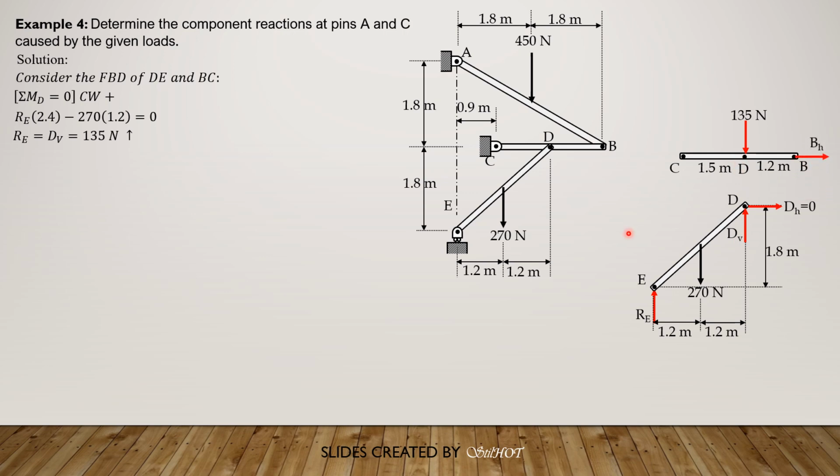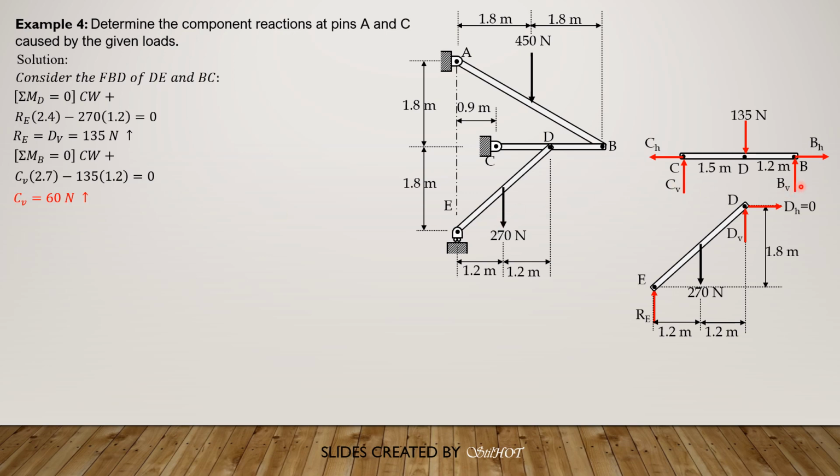Then let's assume these component reactions at B and C. So we have C_V, C_H leftward, B_H rightward. Then summation moment about C or B equals 0. So C_V, clockwise positive, times 2.7 minus 135 times 1.2 equals 0. Solving, C_V is equal to 60 newtons.